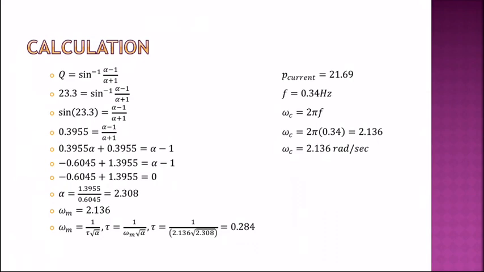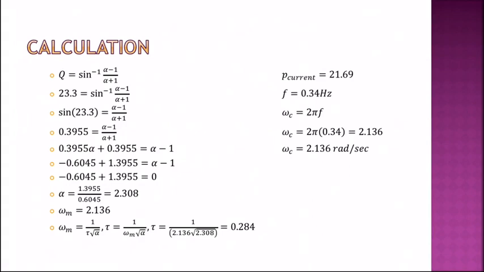We know that phi max is equal to inverse sine of alpha minus 1 over alpha plus 1. Okay, we already got the value of phi max, so we just substitute the value and solve the equation. So we get the value of alpha is equal to 2.308.